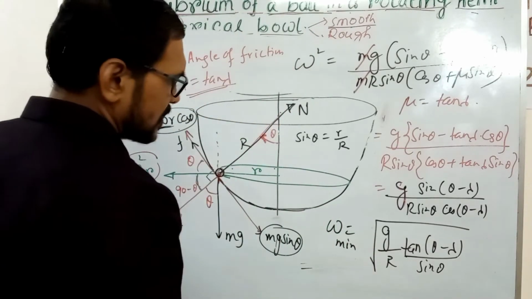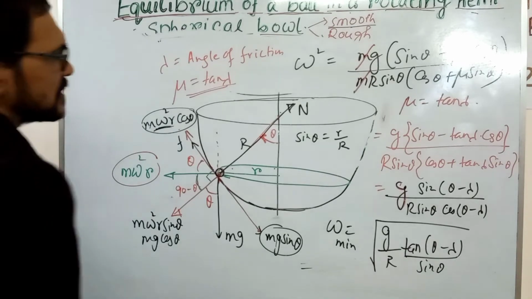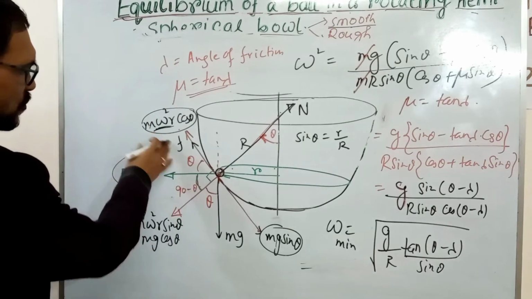Now if we want the maximum velocity, then the friction force will be reversed.